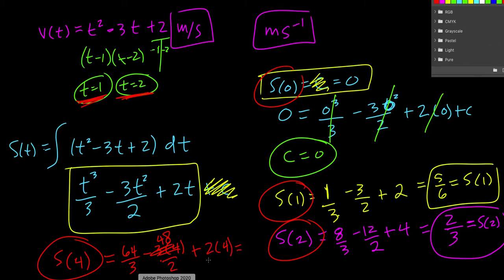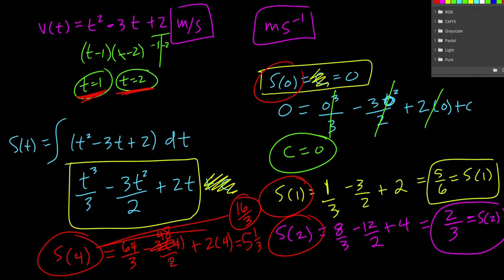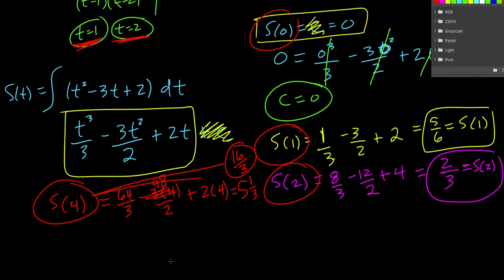Once again, if we use common denominators and figure that out, we're going to get 5 and a third, or 16 thirds. Now, if we make a motion diagram of this, it's going to look like this. Initially we start at 0.